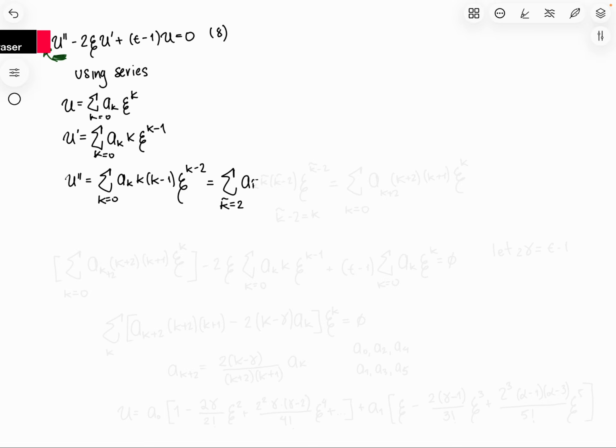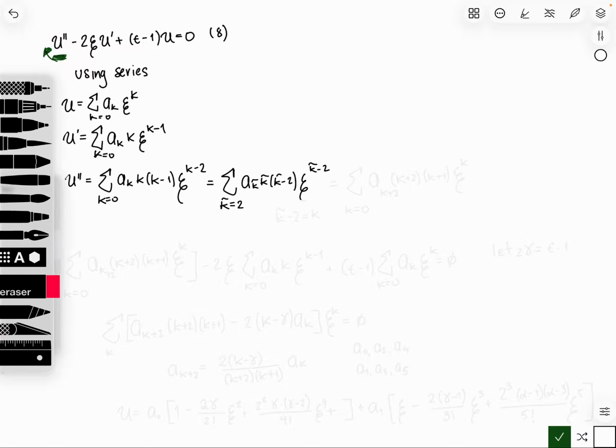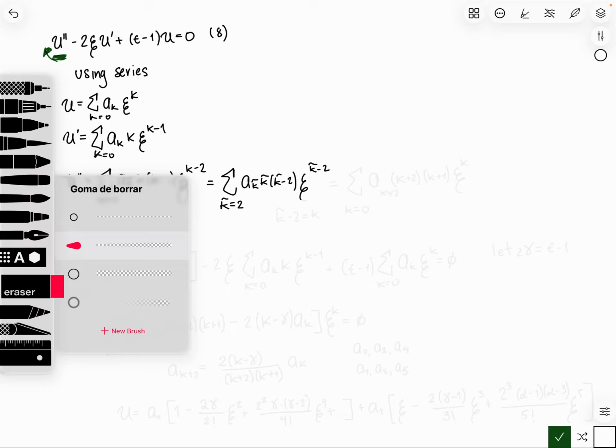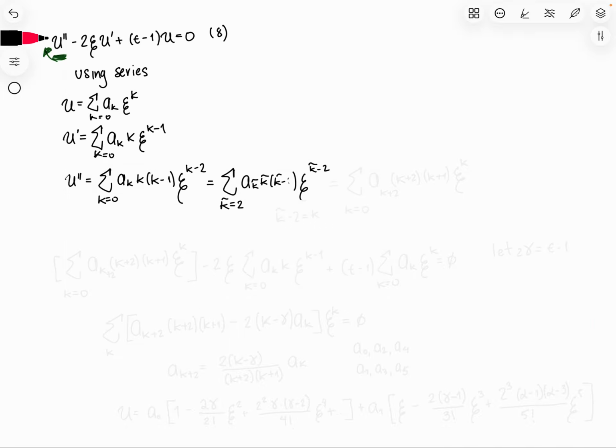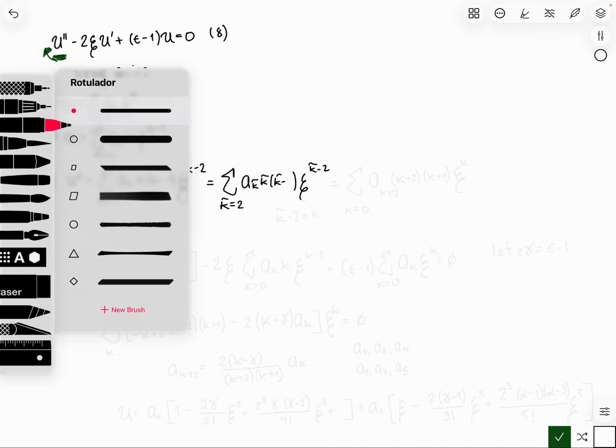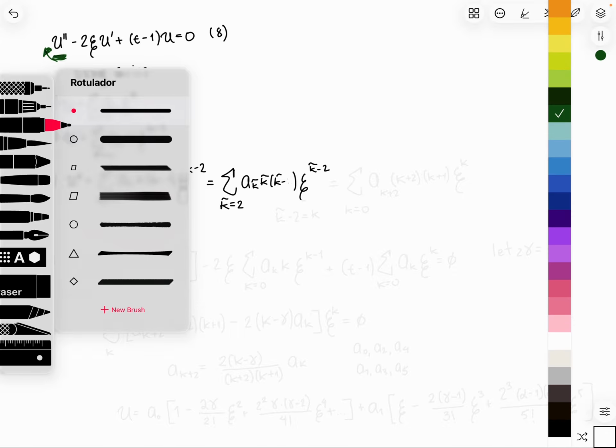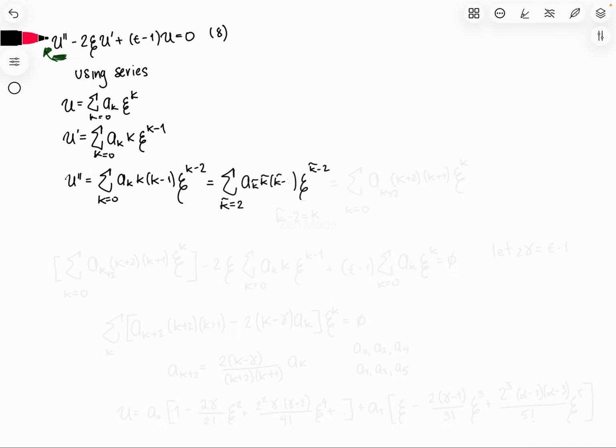So I name it k tilde, just because I can. And this is 1, right? It looks like 2, but it's a 1. Just let me fix it here. This is -1. I just changed the name of the variable because this is an index that has no meaning.